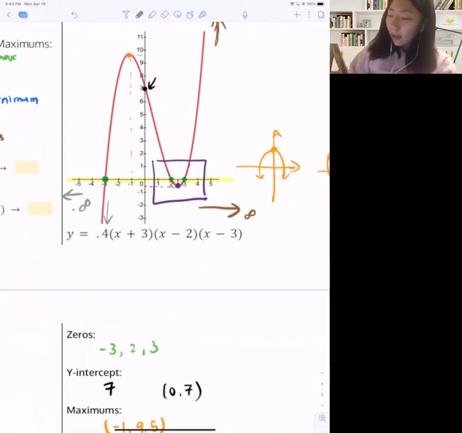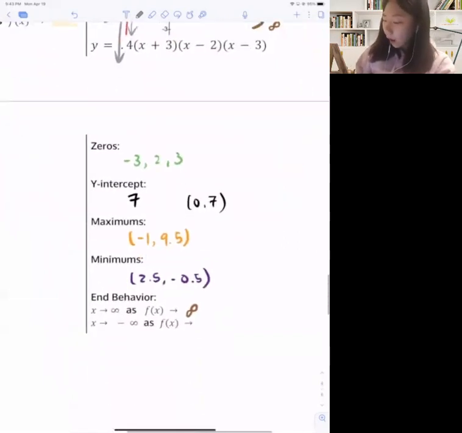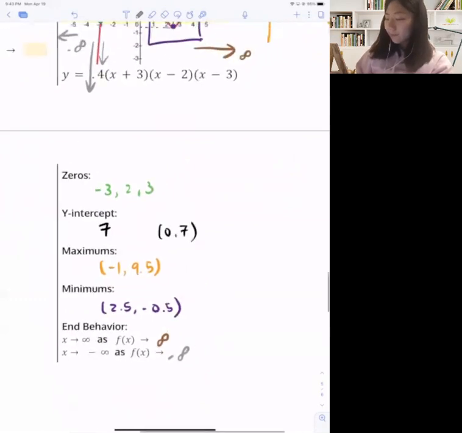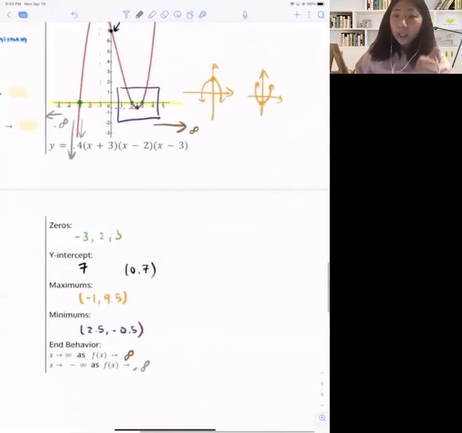So even as we go very, very far to the left, my polynomial is still going downward. This means our y is approaching negative infinity as x is approaching negative infinity. And that's how you find your zeros, your y-intercept, your local maximums, local minimums, and end behavior.